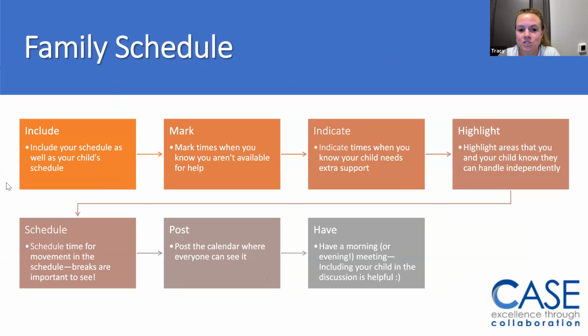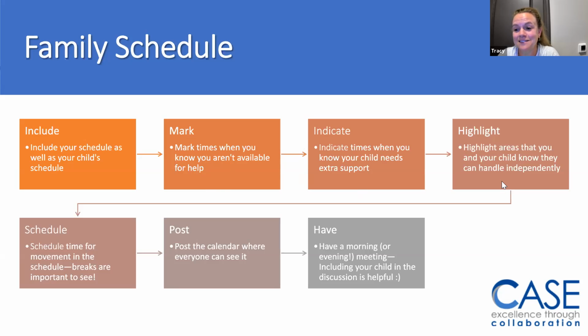And some things you're going to want to include are your schedule as well as your child's schedule. When you're looking at your family schedule, think about what you have to do during the day. You're also going to want to mark times when you know that you aren't available to help your child. On the flip side, you want to indicate times when you know that your child is going to need some extra support.